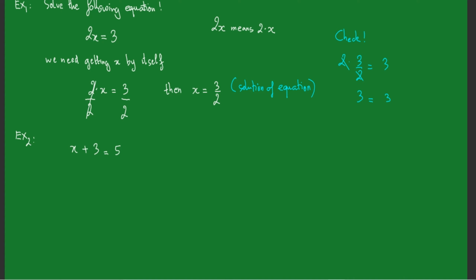I have an equation like that. On the left hand side we have x plus 3, right? We need to get rid of the number 3, because we just want to have x alone.